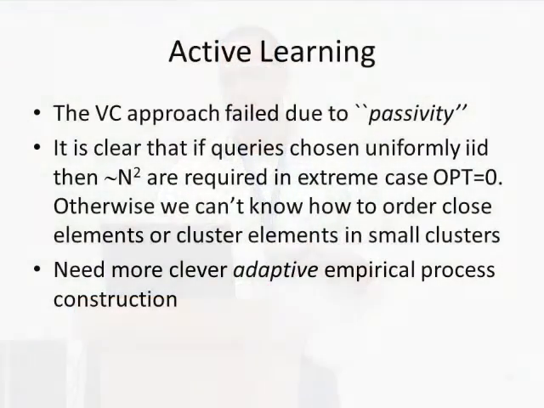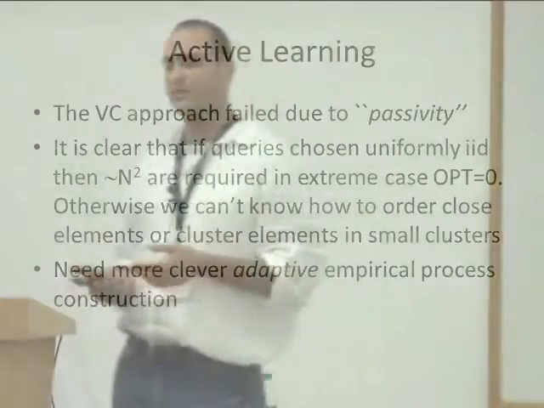So what's wrong with the VC dimension argument? One possibility is that the VC dimension bounds are pessimistic compared to real life, and that could be one problem. The other problem is that the VC dimension approach is passive. It is not active. It is not adaptive. You can argue that any algorithm that does not choose pairs, does not query adaptively, is bound to fail.